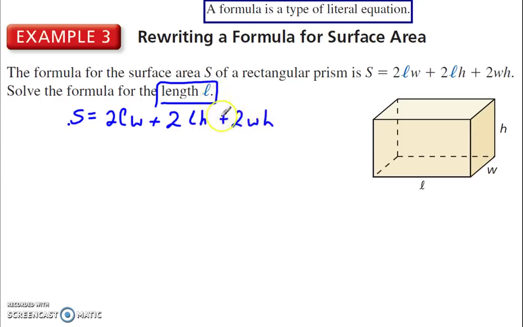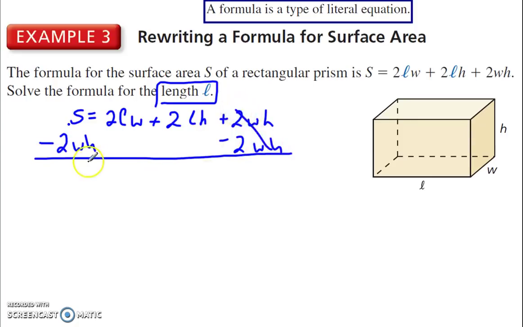So I can subtract the third term from each side. I'm going to subtract 2WH from each side because that doesn't have an L. That cancels out. Now I have S minus 2WH is equal to 2LW plus 2LH.